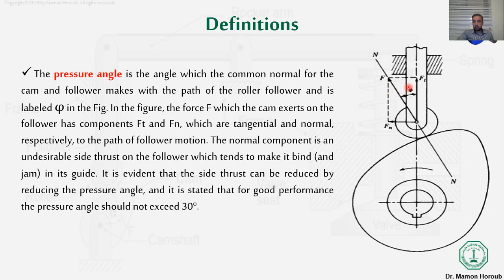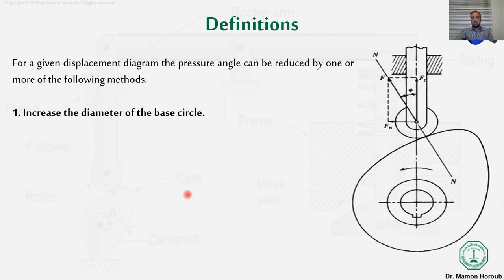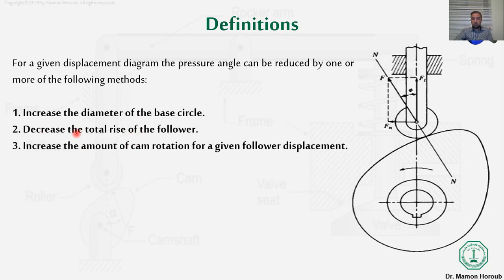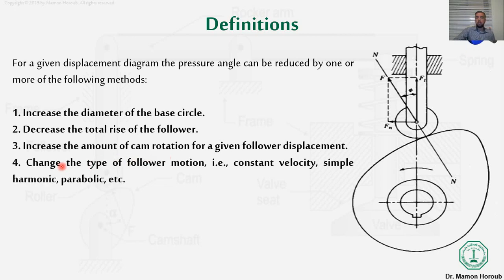The pressure angle: we said we need to maximize the F tangent based on phi, and phi should not exceed 30 degrees, as recommended. You can reduce the pressure angle by increasing the diameter of the base circle, or decreasing the total rise of the follower, or increasing the amount of cam rotation for a given follower displacement, or changing the type of the follower motion, constant velocity, simple harmonic motion, or parabolic, or changing the amount of the follower offset.